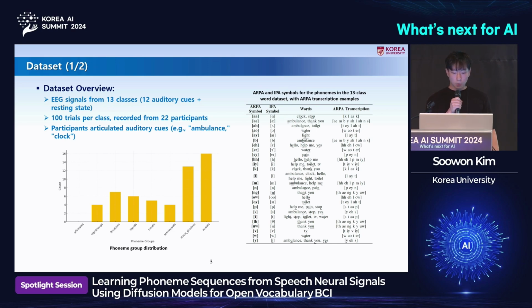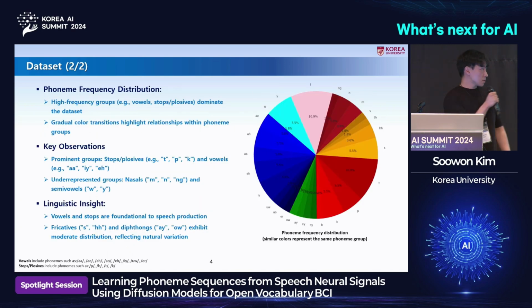ARPA or IPA are systems for showing the speech sound units. IPA is universal for any kind of language, but the ARPA system is easier for computational purposes. So we were using ARPA.